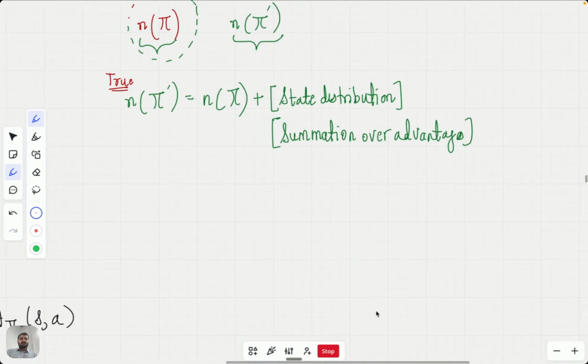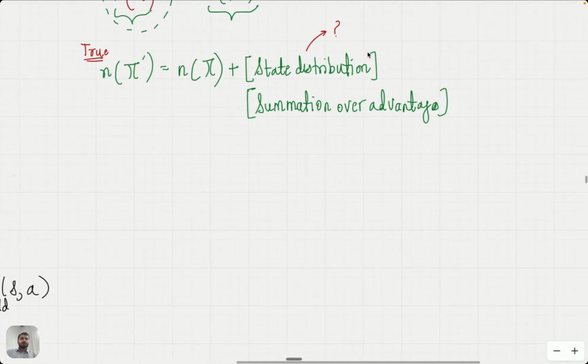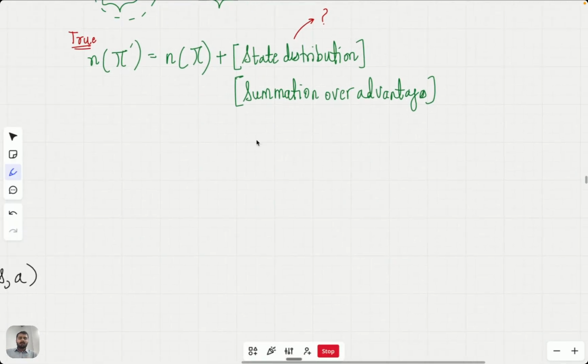Next, what we looked at is it's hard for us to find the state distribution because the state distribution under the new policy is not known. So we thought of, okay, if the state distribution is not known, what can we do? And we looked at an interesting approach where we considered this function.